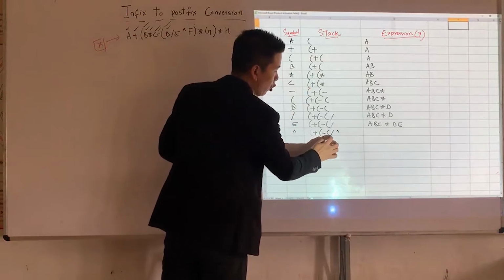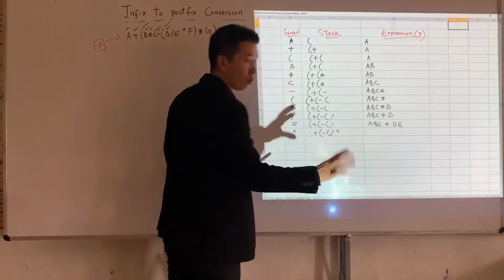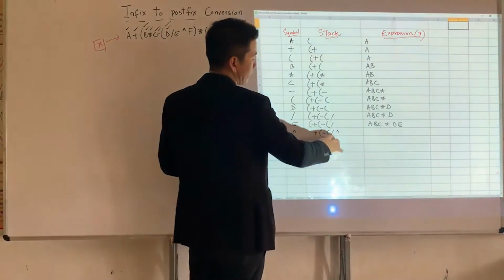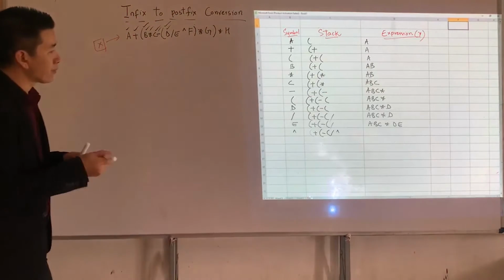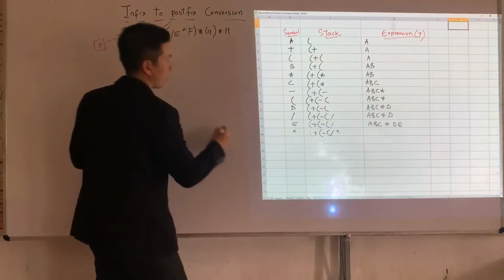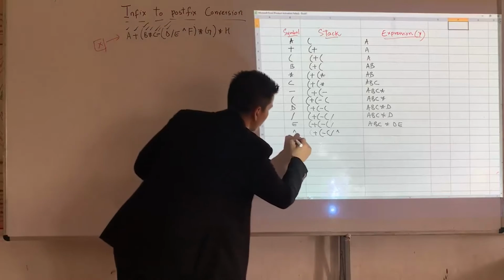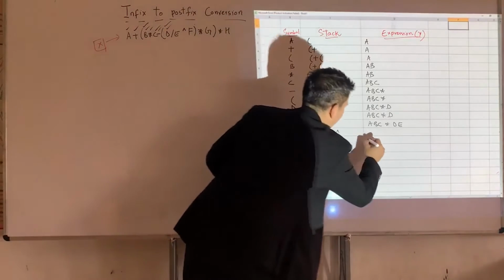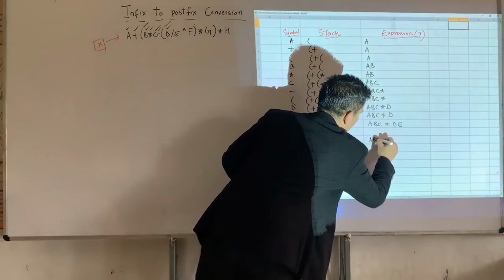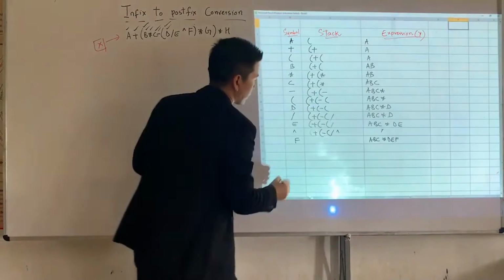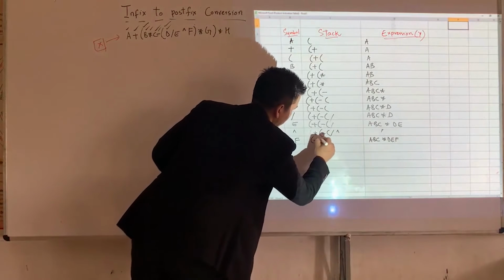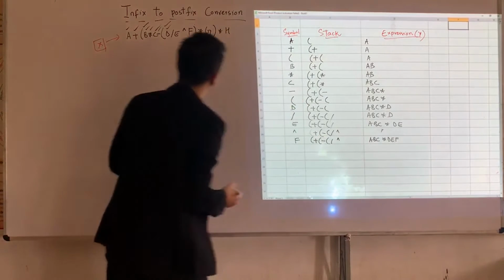Now this has lower precedence level than this, so no question of getting this popped and then added onto the expression. And then the next step is you have the F, right? So the F will go to A, B, C, and then D, E, F. Okay, and then this will remain plus like this, right?